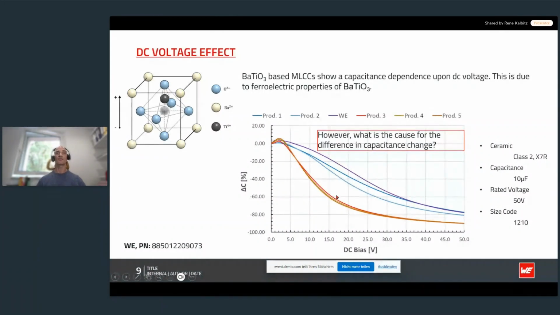The MLCC from Würth Elektronik, in this case the purple graph, is in a group of producers that show a less pronounced decline compared to MLCCs from producers 3, 4, and 5. In the mid-voltage region, one can find differences of about 30%.